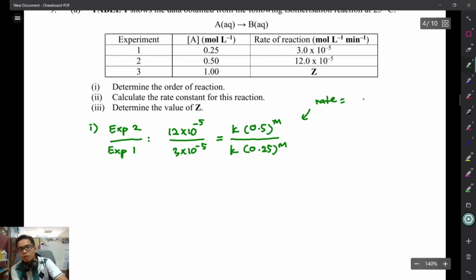Rate equal to rate constant times concentration of A with the power of M. Then repeat experiment 2 divided by experiment 1.